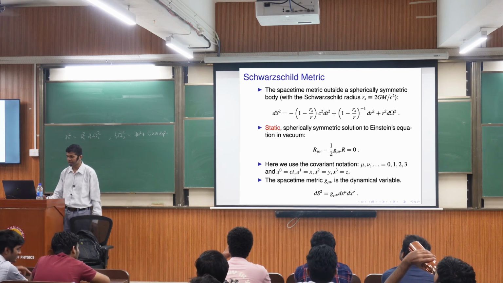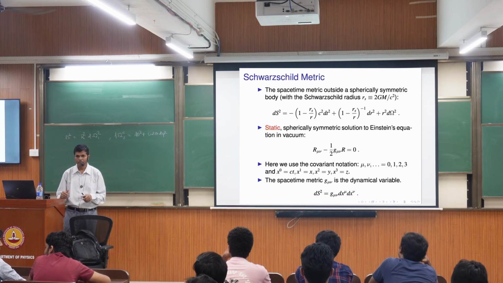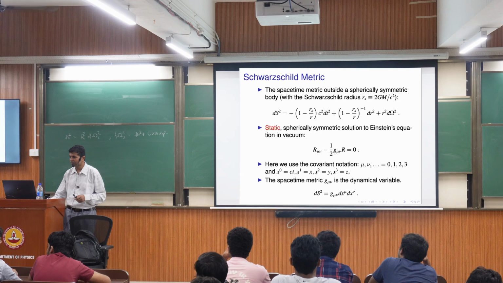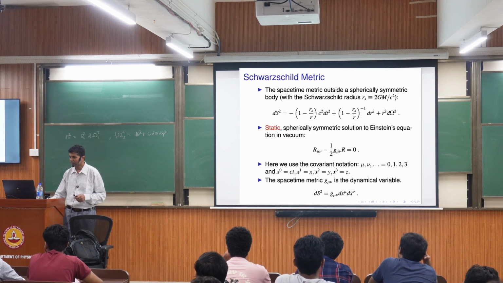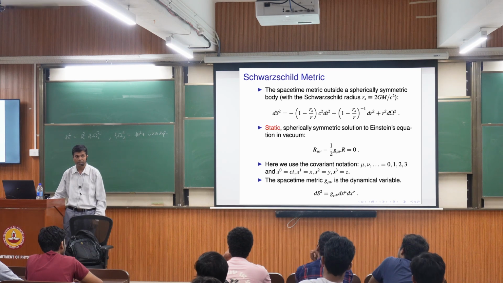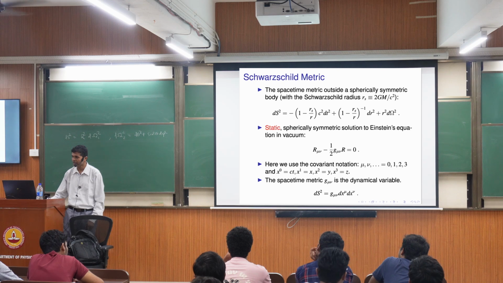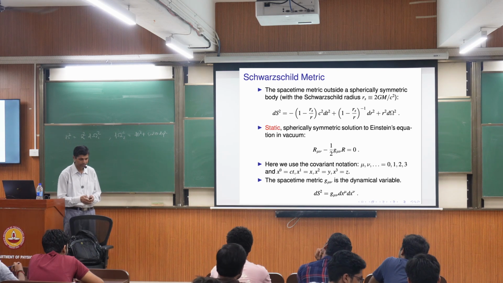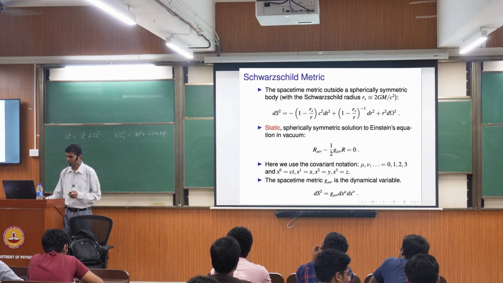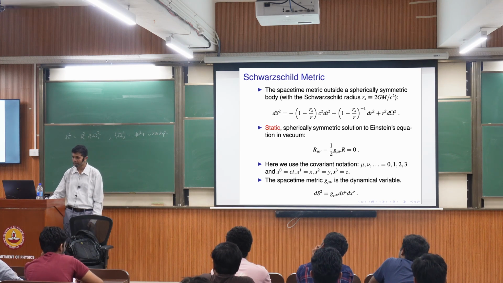In general relativity, the metric itself is the dynamical variable, and this equation gives you a set of second order partial differential equations involving g mu nu. These g mu nu are basically various components here. This is where I have written ds squared. I am just denoting x0, x1, x2, x3 to be the space-time coordinates.